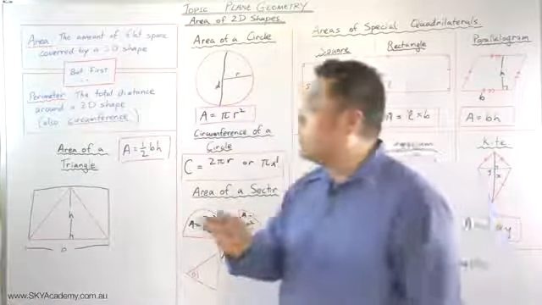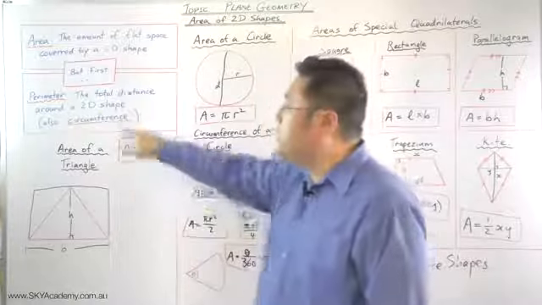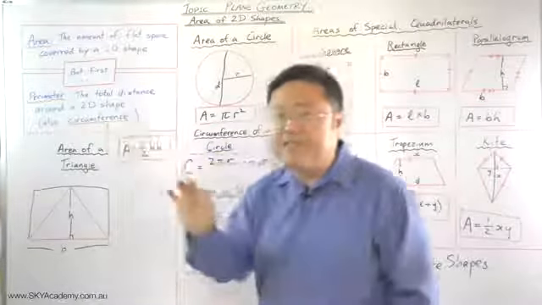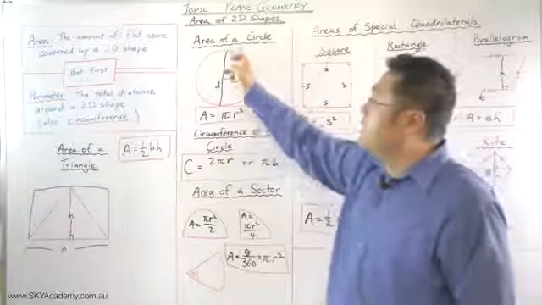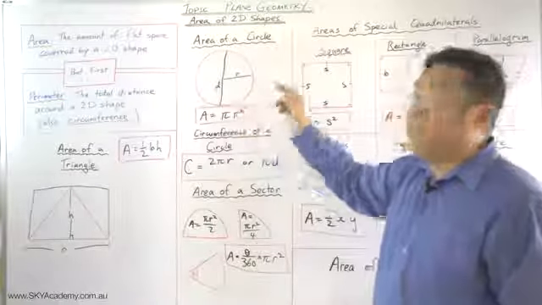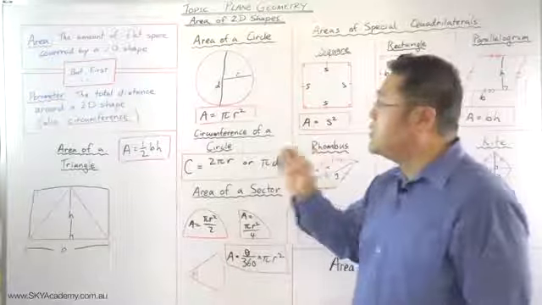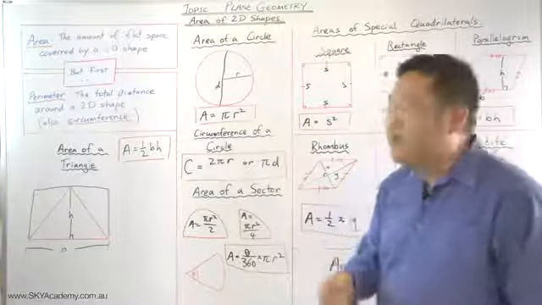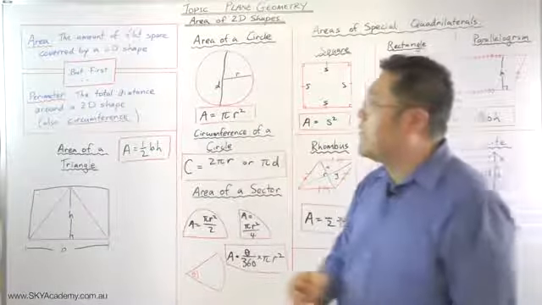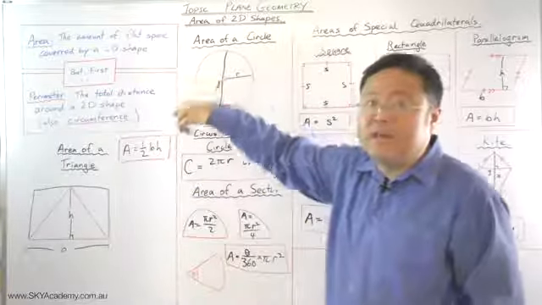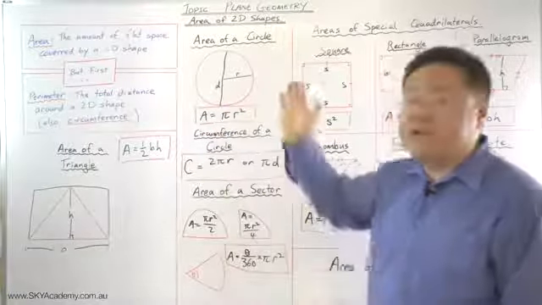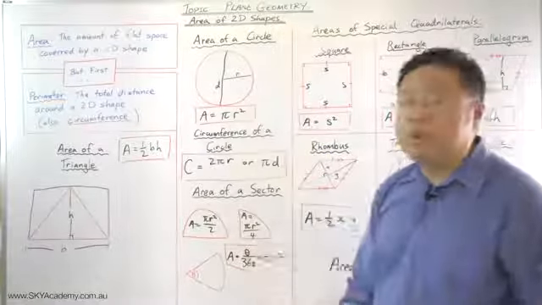Now, the other thing I want to go through is the word circumference. Circumference is a special word that we use for the perimeter of a circle. I think the reason we use it is that it entails the idea that you're walking around a curved edge rather than a straight edge, which is really what perimeter is about.